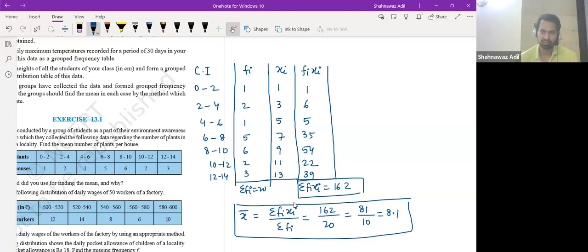What will be the mean? So let's say it is 7, right? Yes, sir. So a is 7, right? And now we have to find out, yeah.